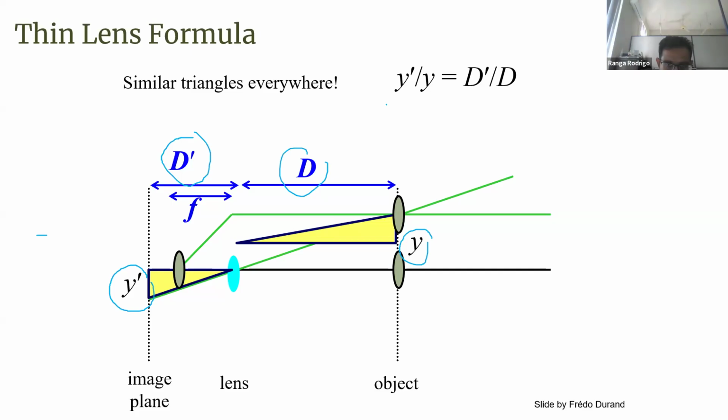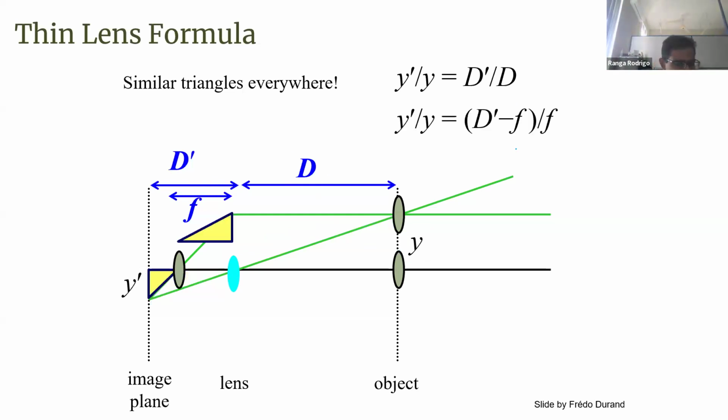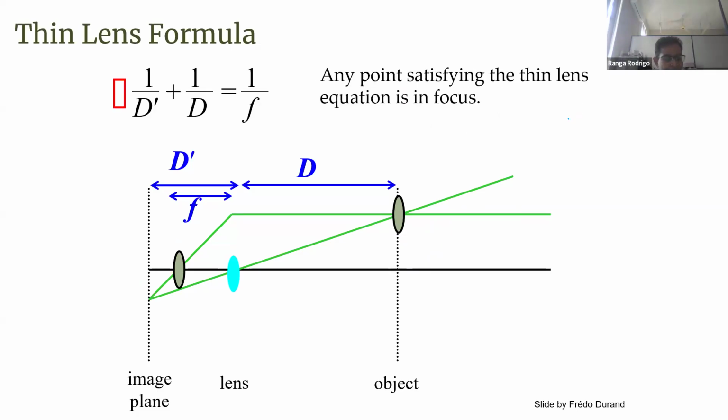So you know that y prime divided by y is d prime divided by d because these are similar triangles. Similar triangle means the angles are the same. Then we can consider this triangle. In this triangle, you can see f and d prime minus f, divided by y, and then we have one more. So by combining these two equations, you can obtain the thin lens formula, which you have done in O levels.